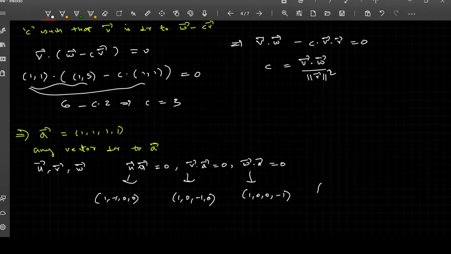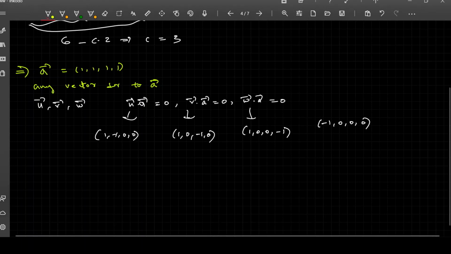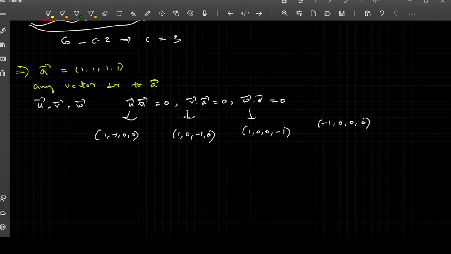You can even take the case minus 1 comma 0 comma 0 comma 0. Fine. This is also one of the cases that can actually work out. So there are infinite number of possibilities. So we cannot just take any fixed example. There are infinite number of examples. Fine. So these are some basic things that we need to make sure we don't get stuck upon. That is the main reason behind dealing with all these questions.